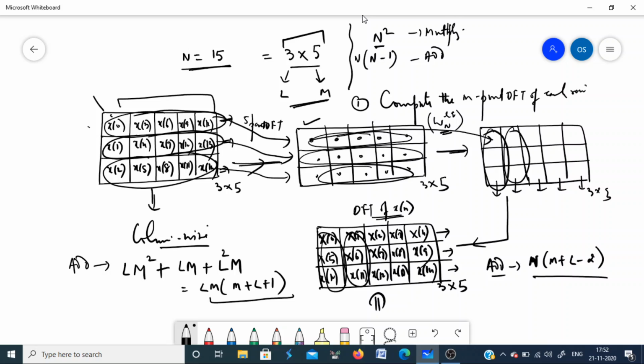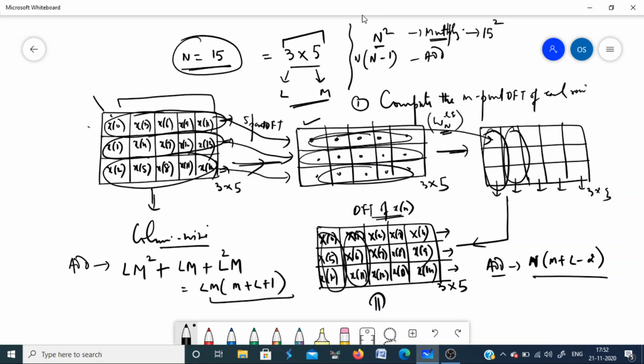Now as an example, suppose I just take N equal to 15. If you use direct computation of DFT, you need N squared, that is 15 into 15 multiplications, so 15 squared.